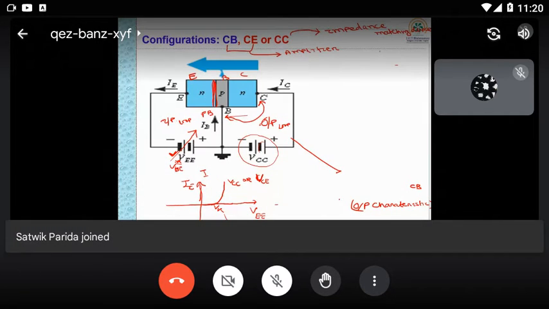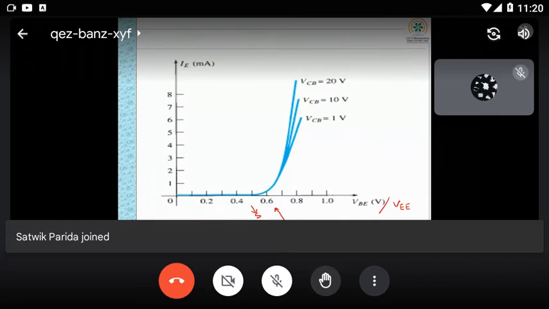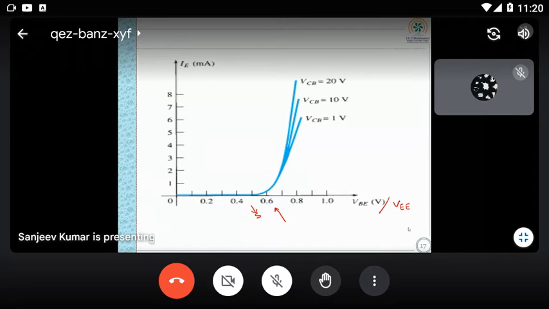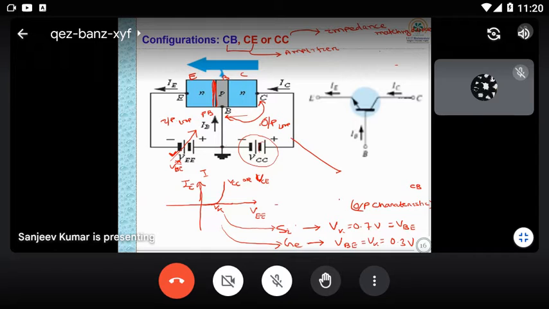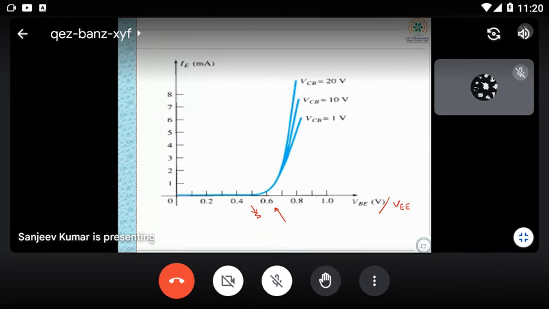So this is your input characteristic, as you can see in practice. I have made a mistake here: this is collector and base, so it is not VC, it is VCB. This is the voltage between collector and base. If you are plotting different VCB values, or I can say VCC also, it is the same thing.